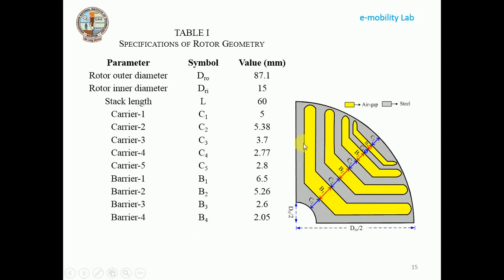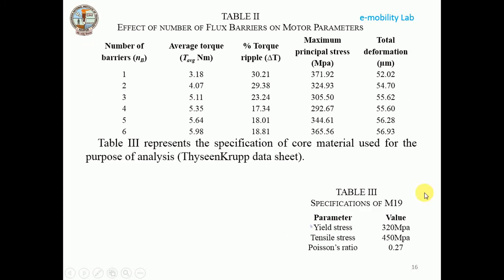So the volume of iron is supported by these ribs, and the volume of this iron is supported by these ribs. So the entire weight of iron is divided into two parts, which is supported by some thin joints, you can say. So that's why if you have one barrier also, the stress is going to increase.